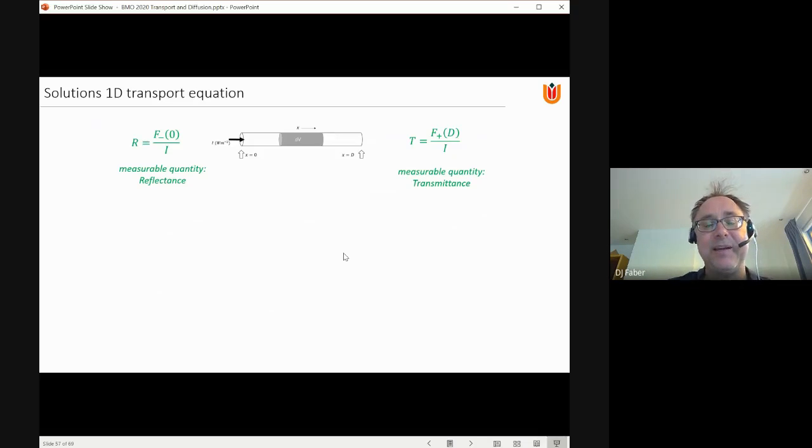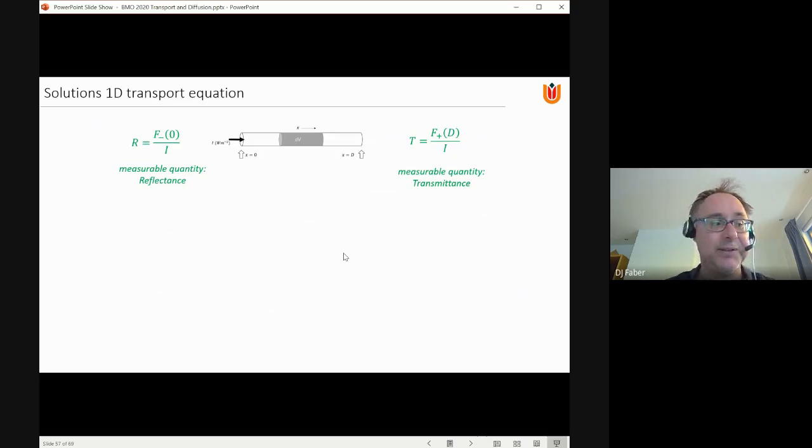So we can calculate the flux in the negative x direction escaping from the cylinder at the x is 0 boundary. That would be a number in watts per square meter. If we divide that by the incident intensity, also in watts per square meter, we get the dimensionless reflectance, just a fraction of the incident power that is reflected back.